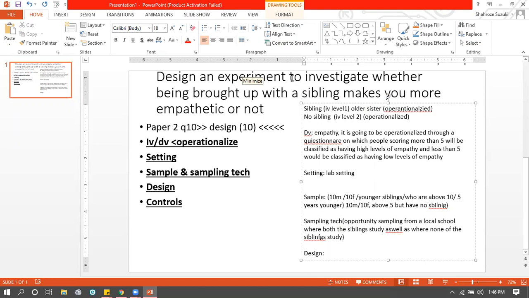Independent, repeated, and matched pair. Out of three, which one? All right. It's gonna be independent, right? Independent. Future reference, if you feel that one person can be only in one group, it's gonna be independent measures.